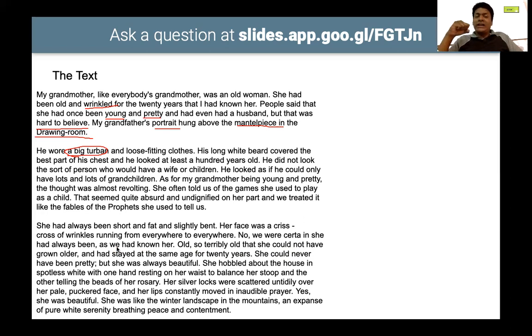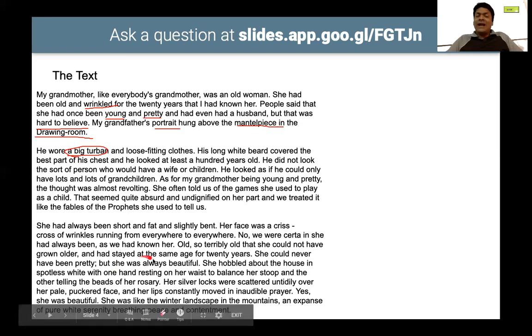The author stated that for the last 20 years he saw his grandmother in exactly the same old state, and she had stayed at the same age for 20 years. She could never have been pretty, but she was always beautiful.